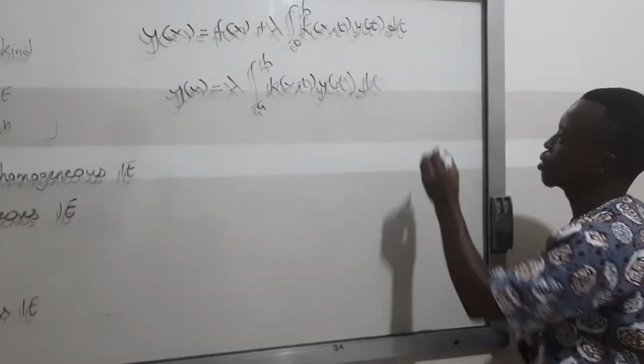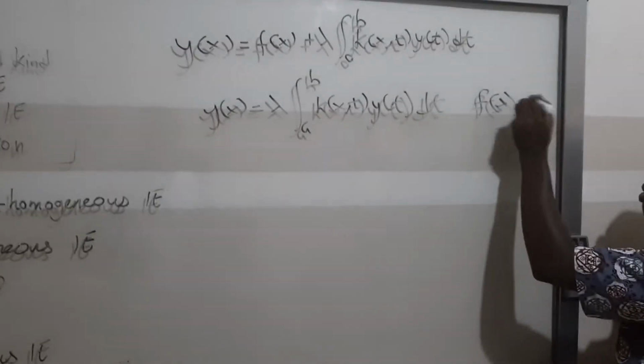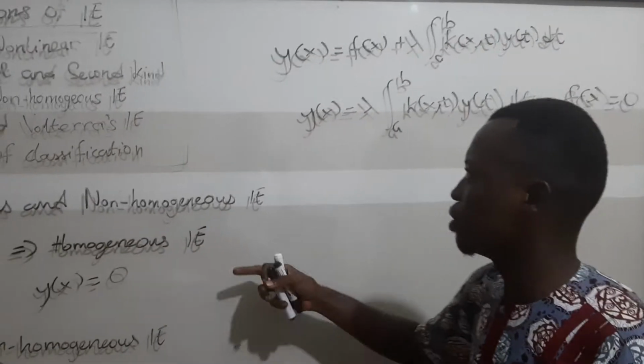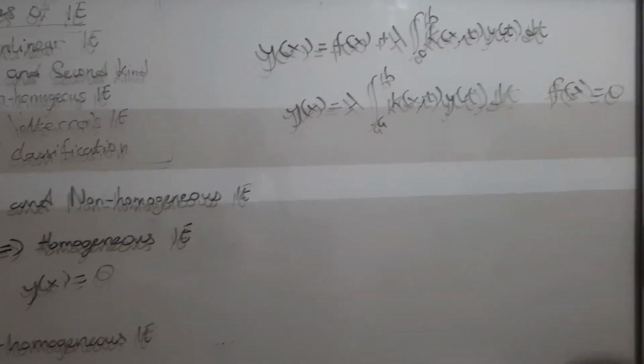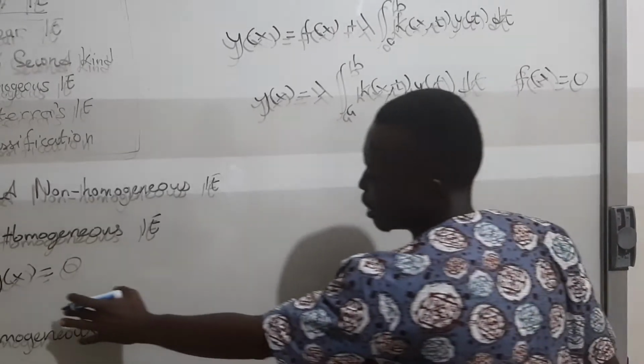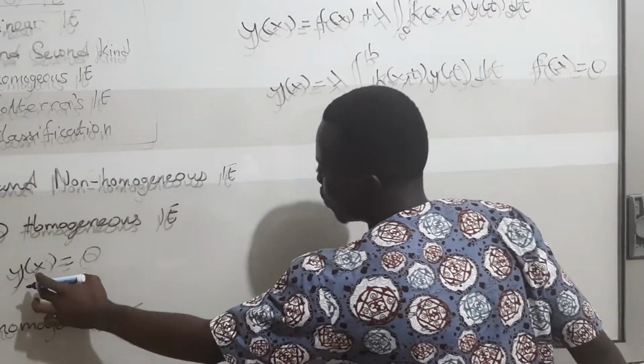Since f of s is equal to 0, it makes this equation a homogeneous integral equation. And we are saying that it's homogeneous and it always has a trivial solution, y of s equal to 0.